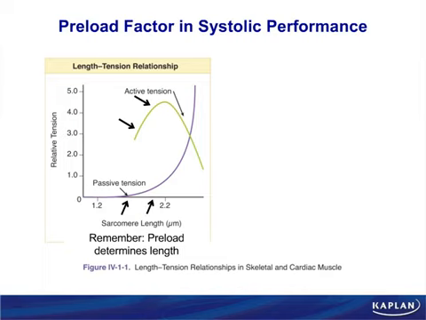If I increase the preload, then active tension goes up, and it continues to go up until a certain point. Thereafter, when I increase the preload, active tension begins to fall. So this is our bell-shaped active tension curve demonstrating the length-tension relationship in skeletal muscle. Okay, that was just a quick review. We went through that in skeletal muscle.